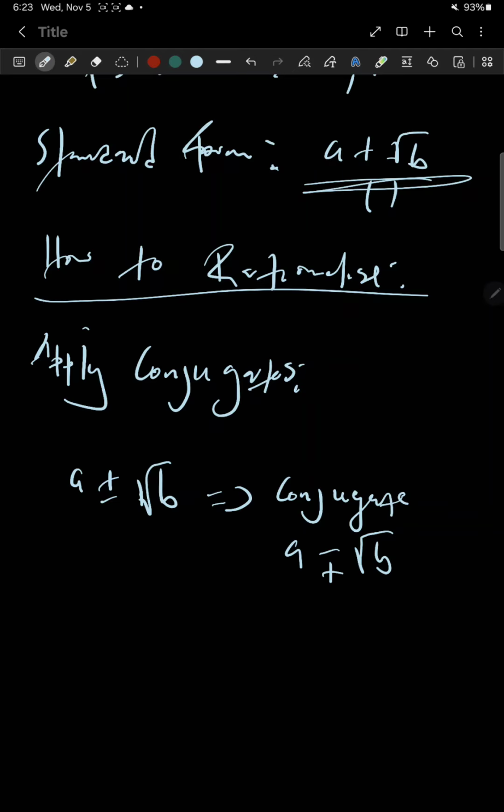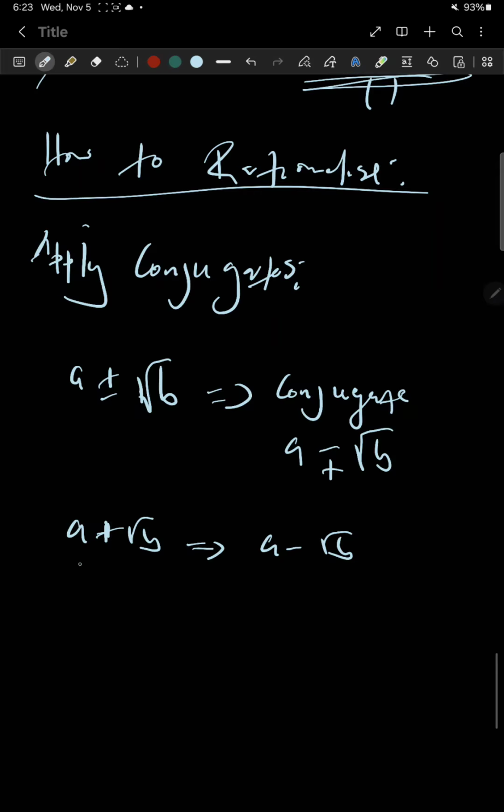What I mean is, if you have a plus the square root of b, your conjugate would be a minus the square root of b. If you have a minus the square root of b, the conjugate will be a plus the square root of b. I hope you're following.